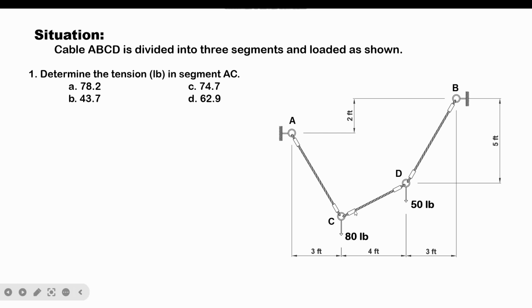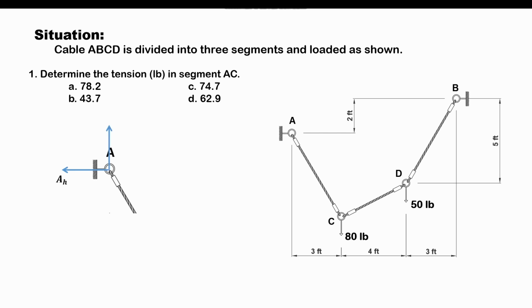So let's isolate joint A and draw the free body diagram of joint A. At joint A, we have the horizontal reaction at A, which I denote as AH, wherein the subscript H pertains to horizontal.